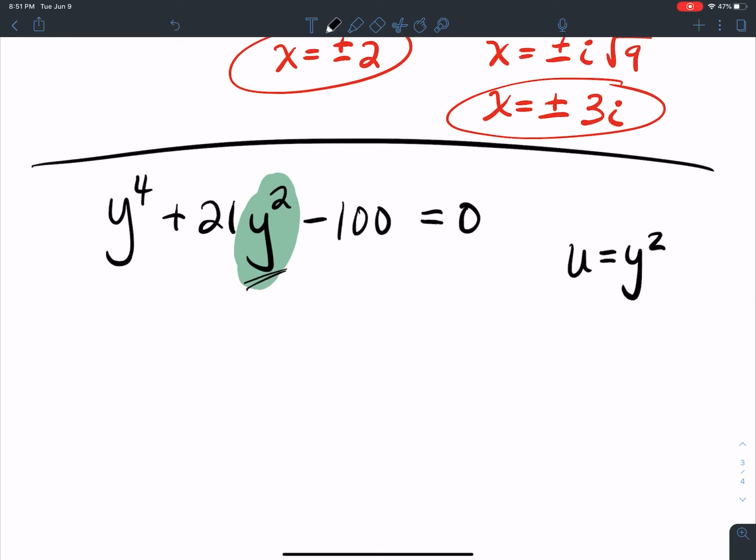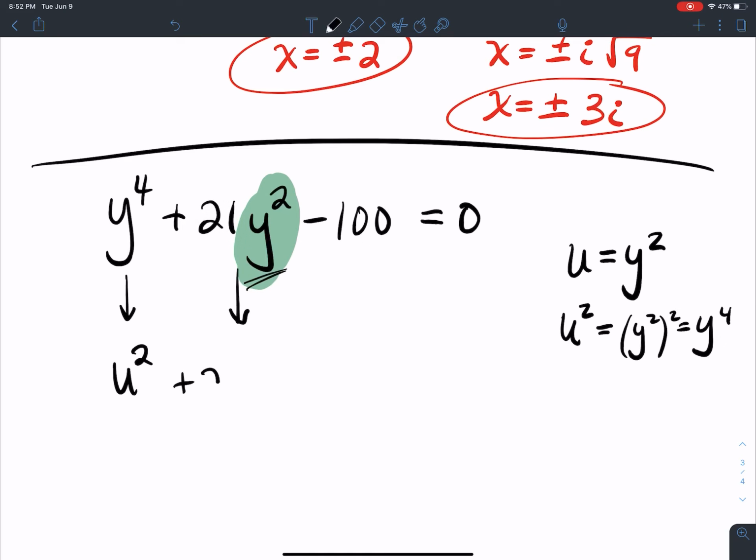If u equals y squared, then u squared is equal to y squared squared, which is y to the fourth. So this becomes u squared. This becomes plus 21u, and this is still negative 100 equal to 0.